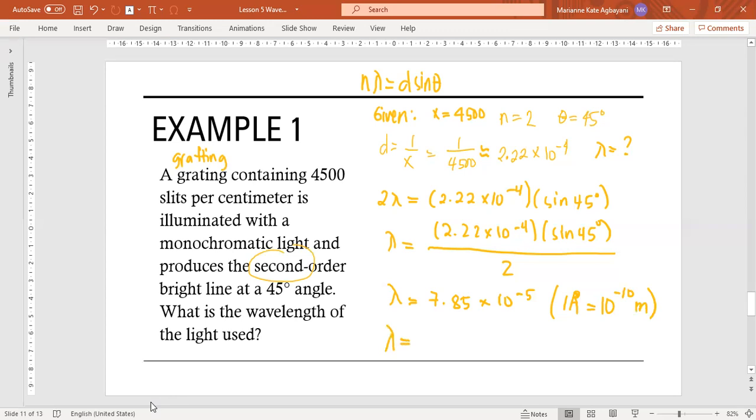That is equal to 785,000 angstrom. That will be the wavelength of the light used with this grating. That is how we solve it.